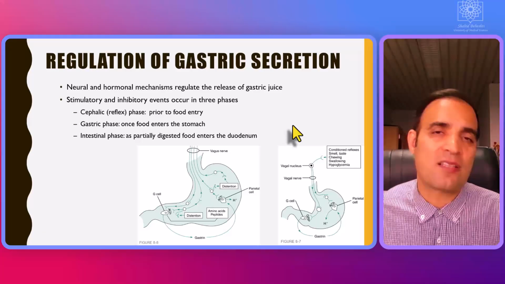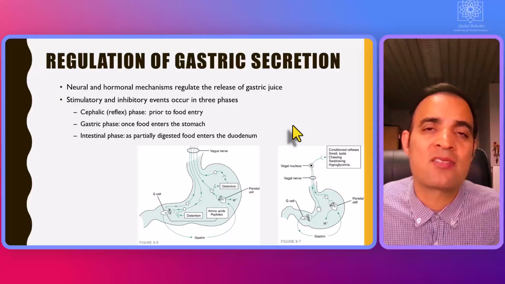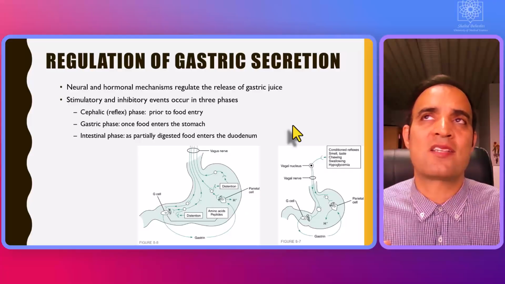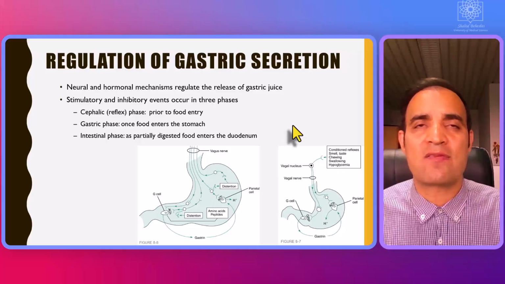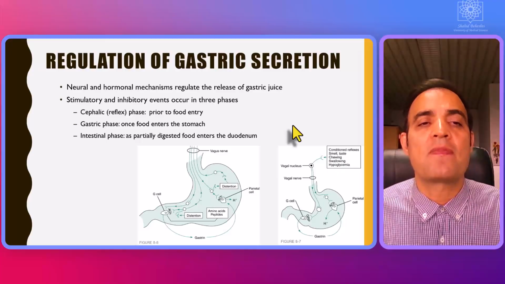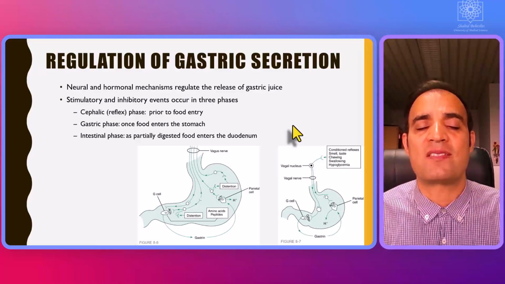What about the second phase? I told you that there are three phases in the regulation of gastric secretion. In the second phase, we have the gastric phase.